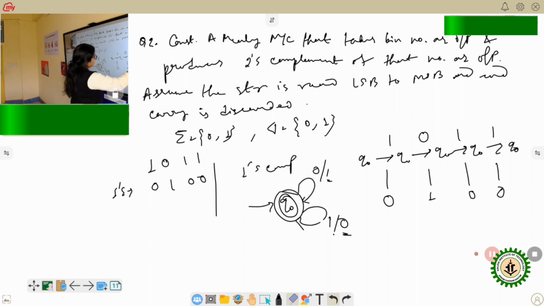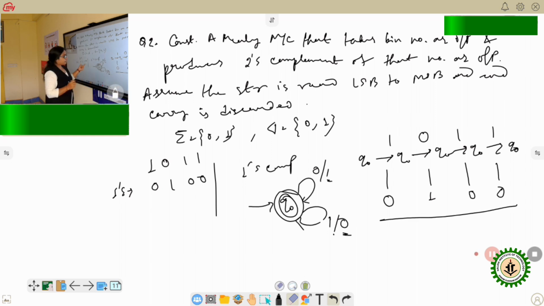From Q0, same for 1, output associated is 0. So I am getting the output 0100, and that is the one's complement of the exact given input stream. Okay, so this is the Mealy machine for generating the one's complement of the input stream.